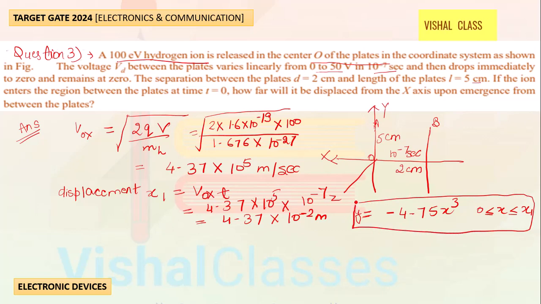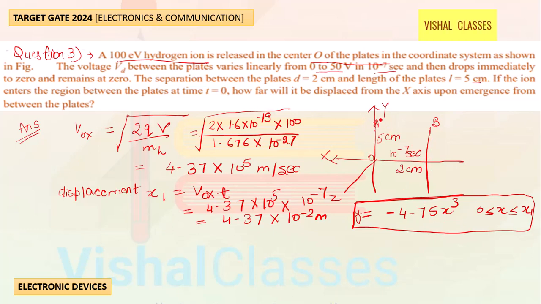Okay, this is a standard result: y is equal to minus 4.75 x cube. You should write this value in the formula book also. What to write? Make this diagram.